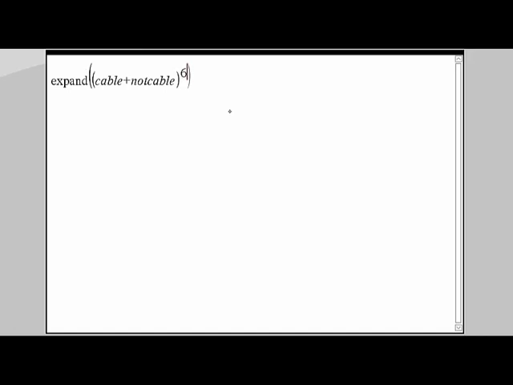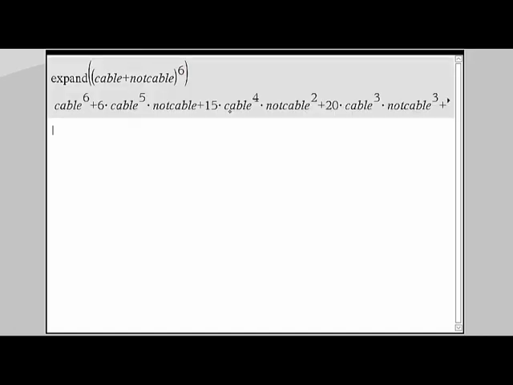And if I expand this right now, then what I see is that there could be 1 household that had 1 experiment where all 6 houses had cable, 6 households where 5 had cable, 1 had not cable, 15 households where 4 had cable and 2 had not cable, and so on.